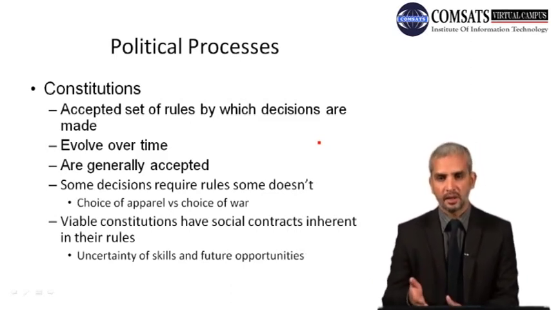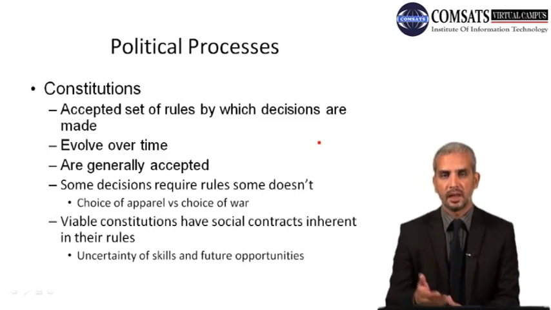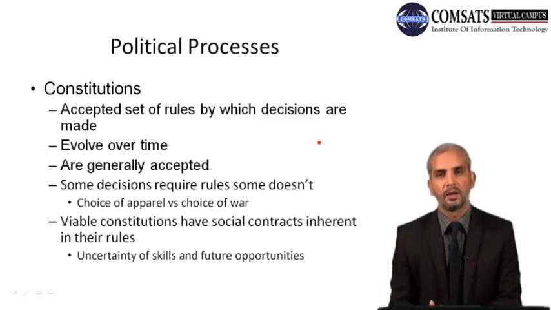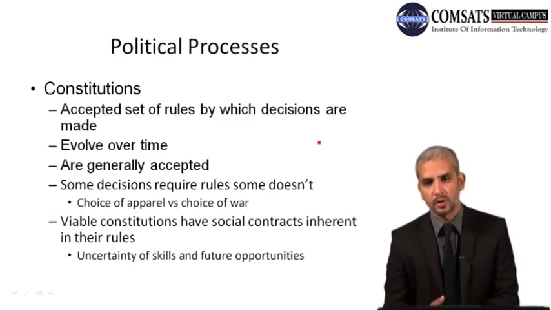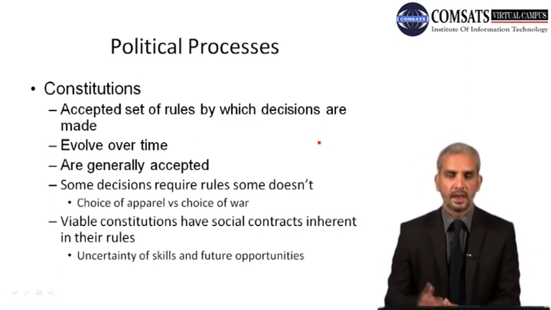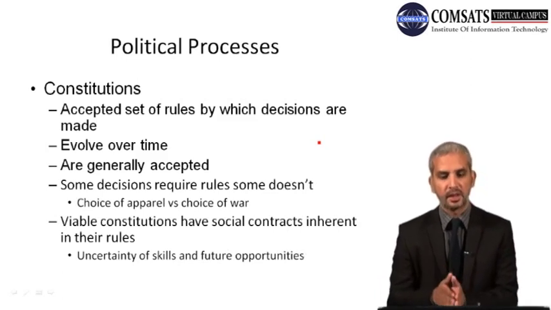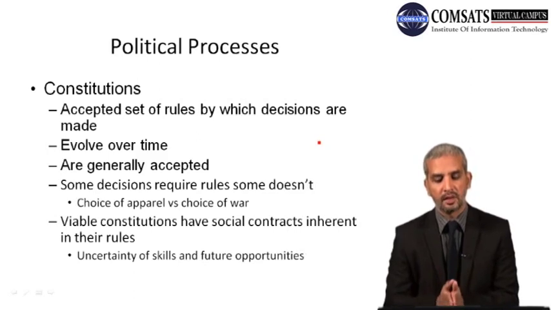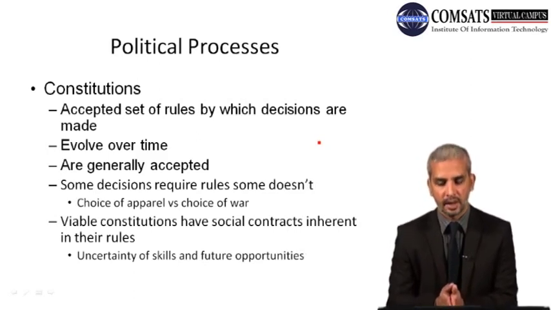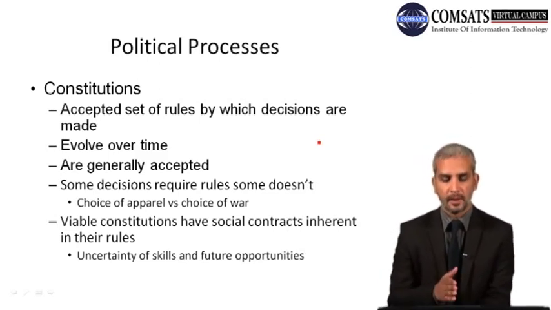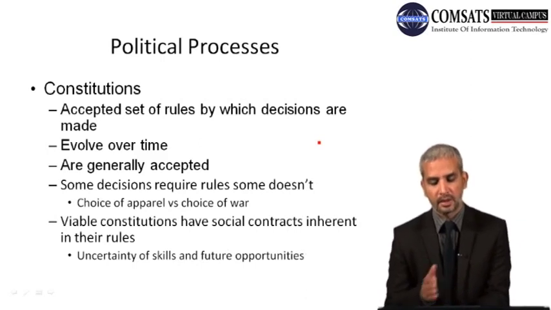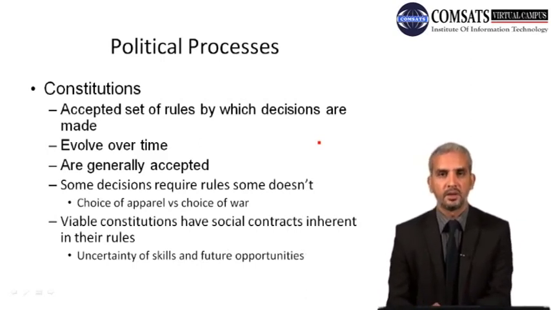So if there is a veil of ignorance, that's actually the word that is most appropriate for it, and you are not sure about what would happen tomorrow, then to create a specific set of rules and to enter into a social contract would be the best possible opportunity that I would have, and that would ensure that whatever the future opportunities might be, I would be safe in terms of the social contract I have executed.